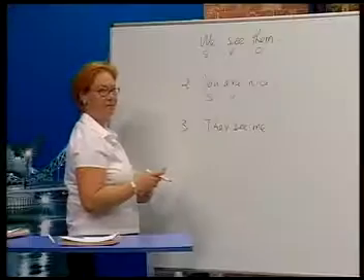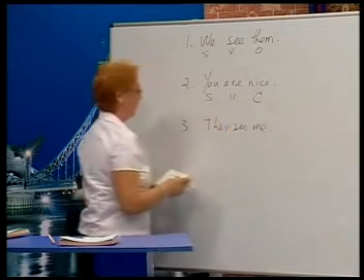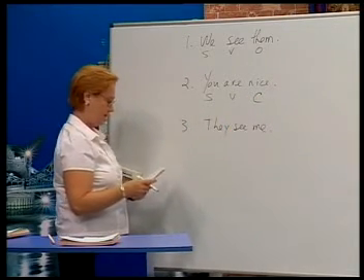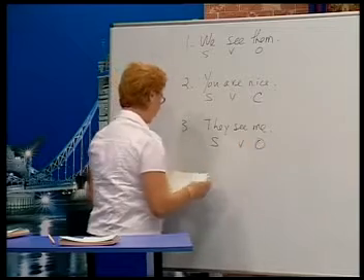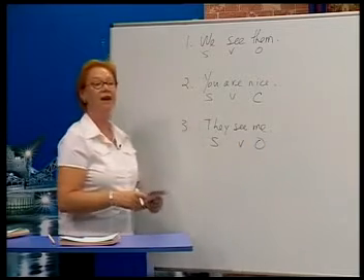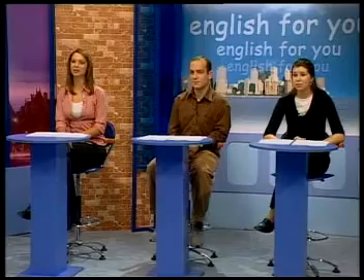Nice is the object. No, the complement. Yes, good. Okay. All right, Isabel. They is the subject. See is the verb. And me is the object. Yes, very good. Okay, now, do you understand sentence structure? Yes, we do. Okay, very good.